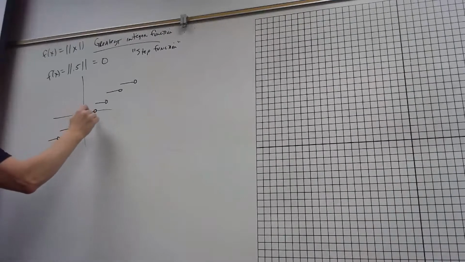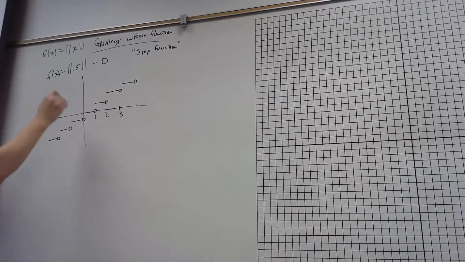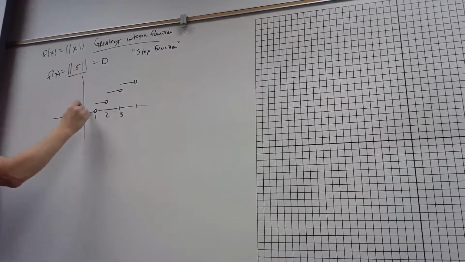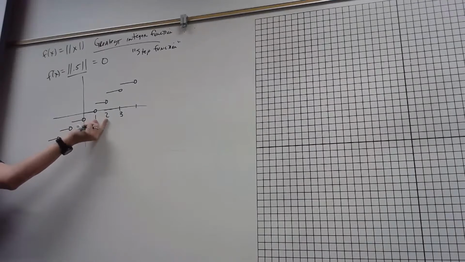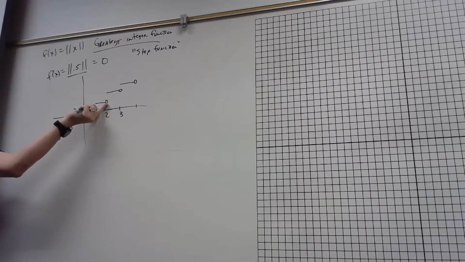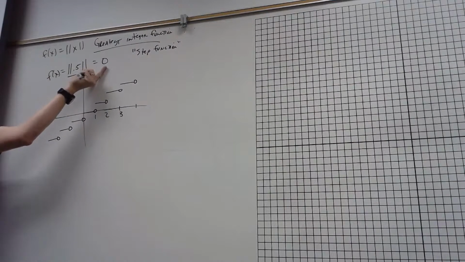So this is 1, 2, 3, etc. If it's 0.5, it's in between 0 and 1, so it's going to go to 0. If it's in between 1 and 2, it's going to go to 1. Does that make sense? So you're just taking the greatest integer. So 0.5, the greatest integer with that would be 0.